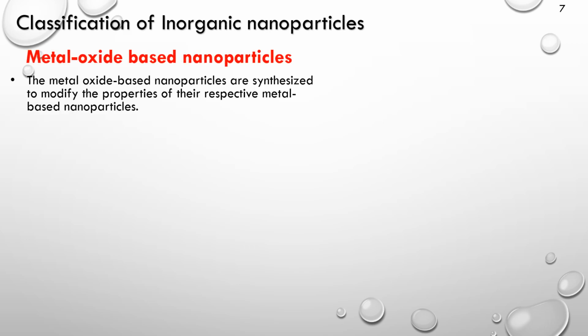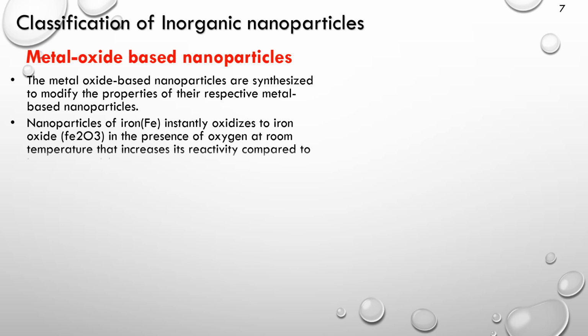Metal oxide based nanoparticles are synthesized to modify the properties of their respective metal based nanoparticles. For example, iron instantly oxidizes to iron oxide in the presence of oxygen at room temperature. That increases its reactivity compared to iron nanoparticles.